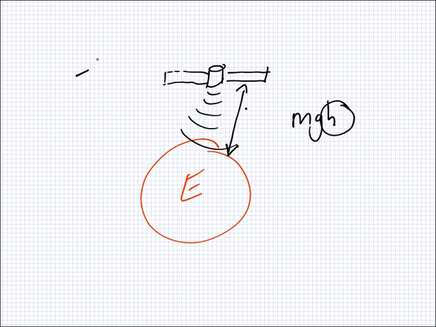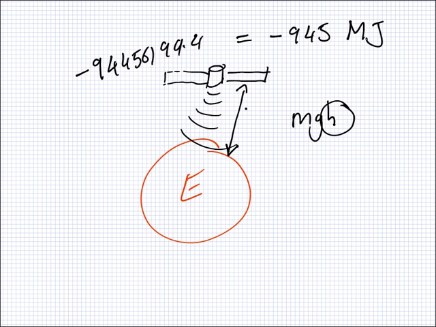Its energy is minus 94456,199.4, which is equal to minus 945 megajoules. That's the answer. Oh, I squared it. Don't square. Oh yeah, it's the same.